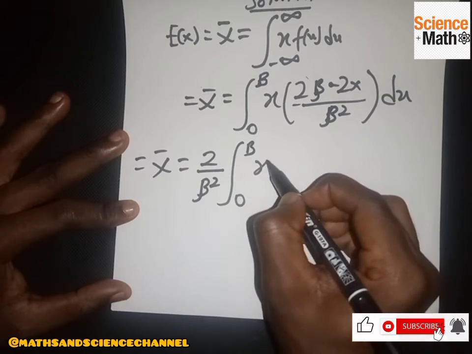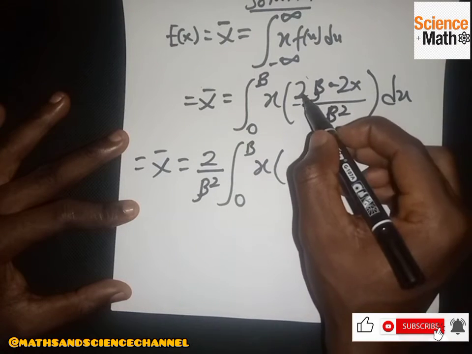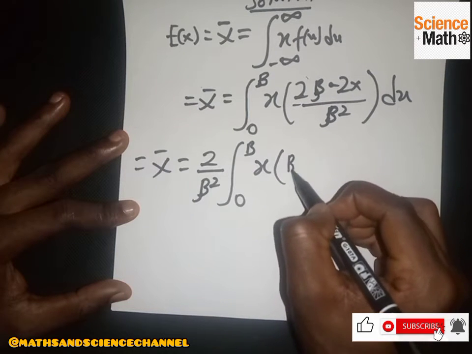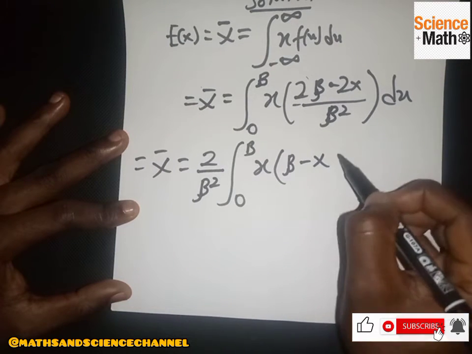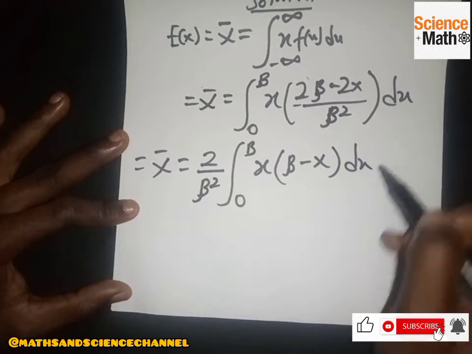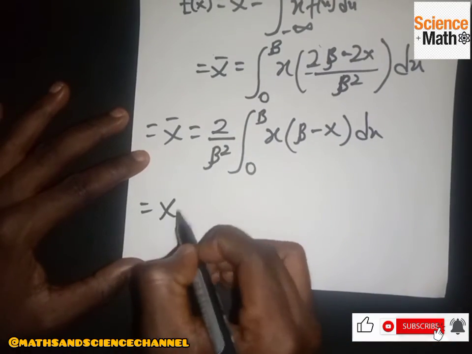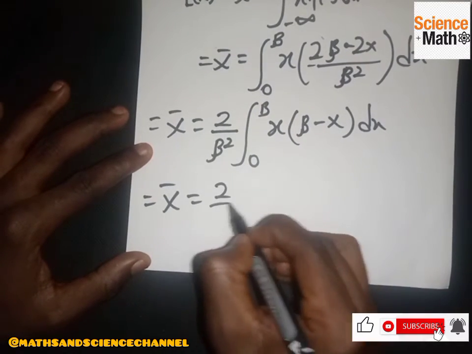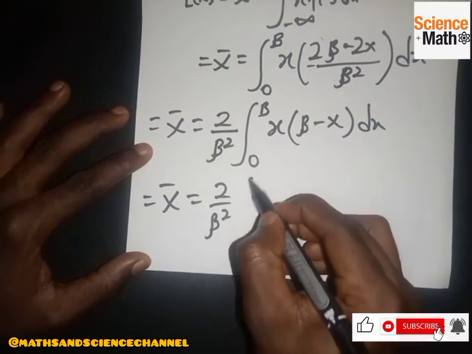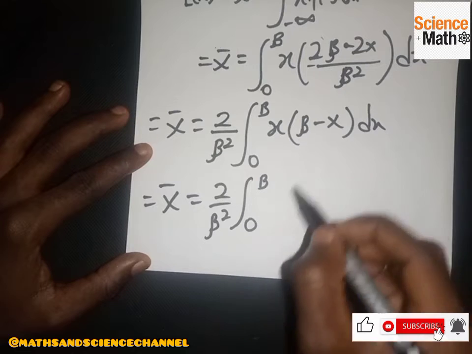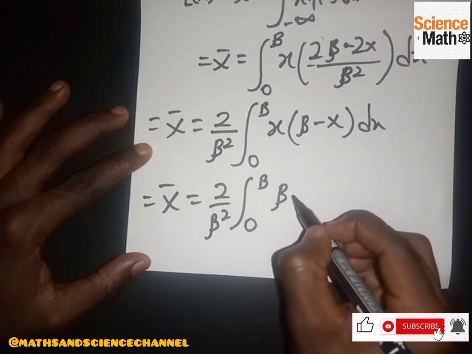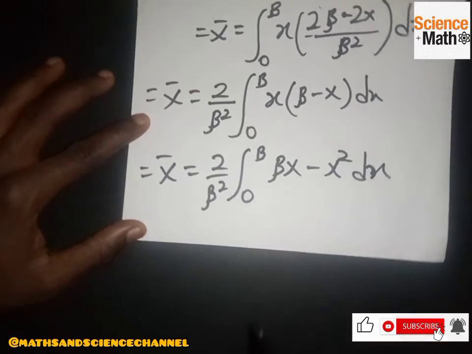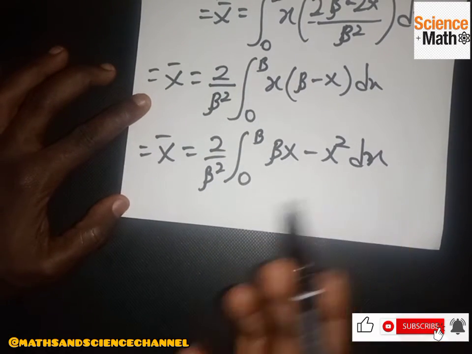Now what we are left with is x multiplied by (β − x), because 2 is outside, that's why we took it out. So we have 2 over β² times the integral from 0 to β of (βx − x²) dx. From here we go straight to integrating.